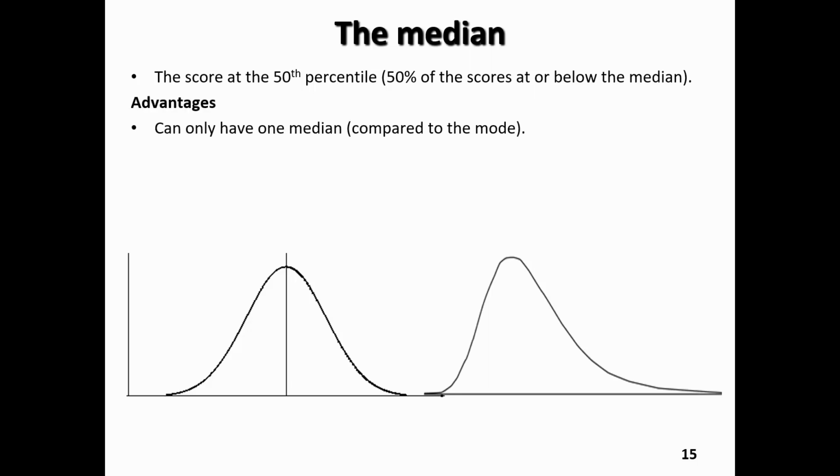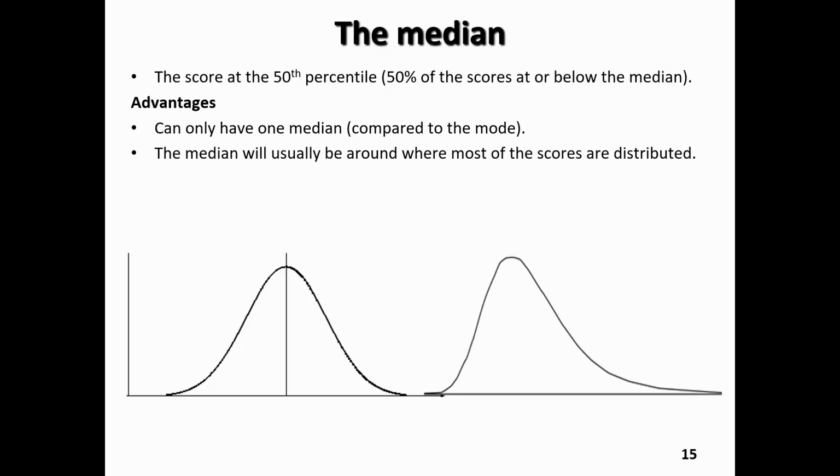And there are some clear advantages of using the median to quantify and characterize a group of scores, in that only one median value can be obtained. This is in contrast to the mode, the most commonly occurring score, and there is always the possibility of having a bimodal distribution or multiple scores that occur very often.